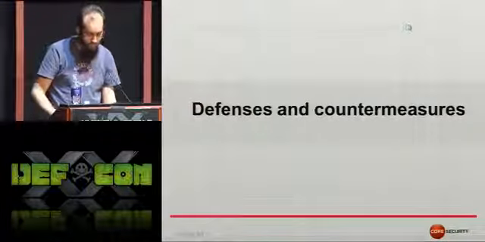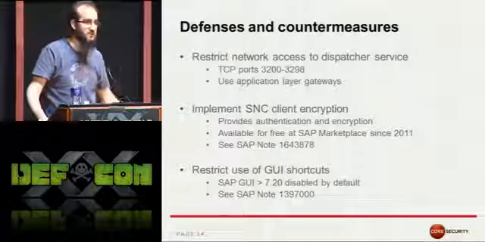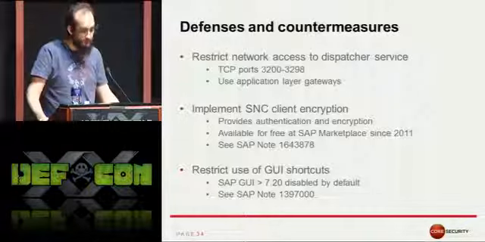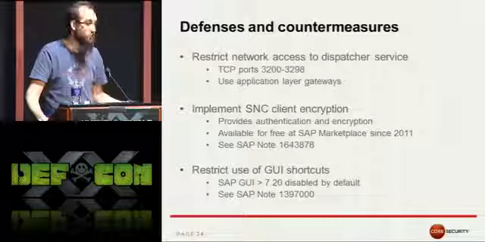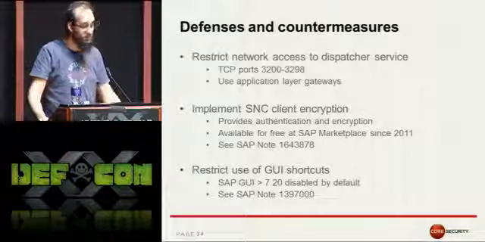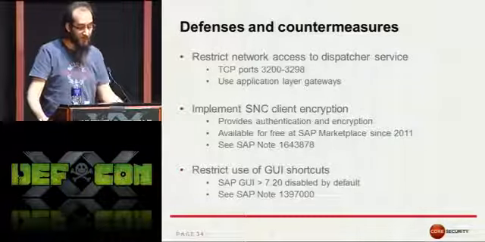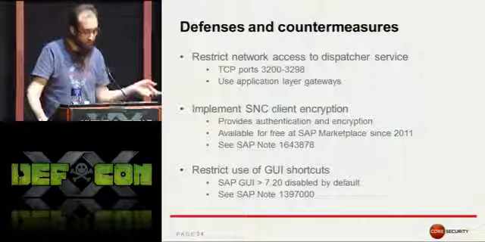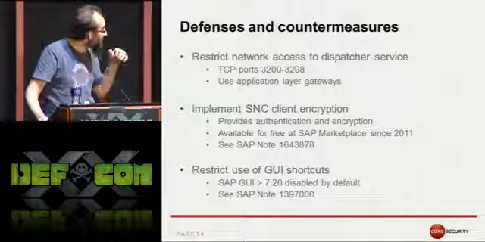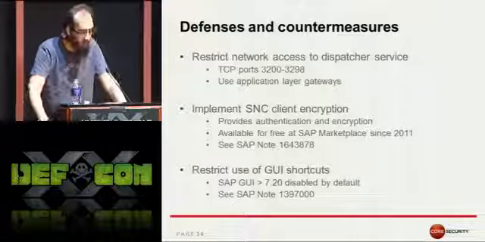So there are some defenses or countermeasures that can be applied to try to limit the attack surface. The first one, and the most obvious one, is to restrict all the network access to the dispatcher service. The dispatcher service runs on ports 3200 and 3299 or 98.